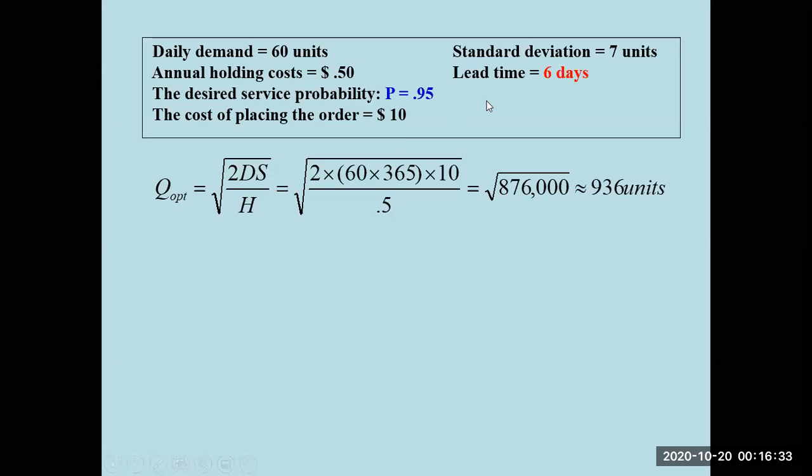This doesn't say how many days per year, so use 365.